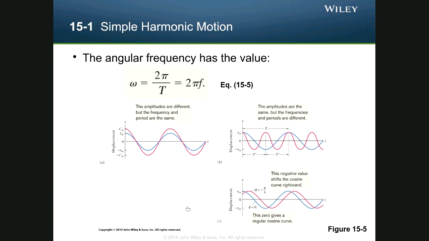So if we look here, the angular frequency has this value, but you'll remember that omega equals 2 pi times the frequency, and f equals 1 over T. This goes two ways. T equals 1 over f.